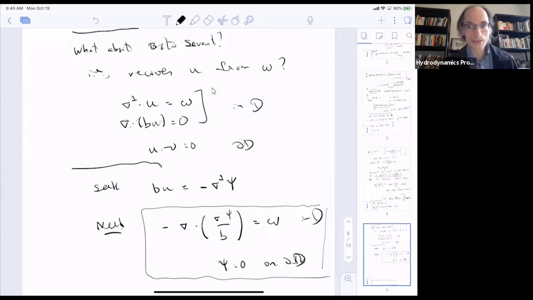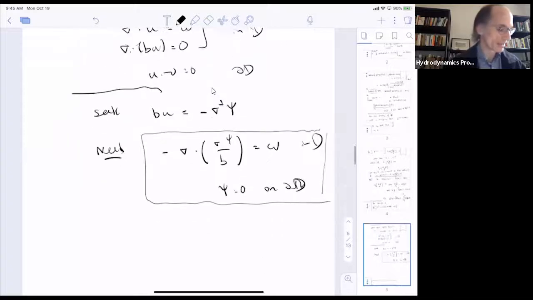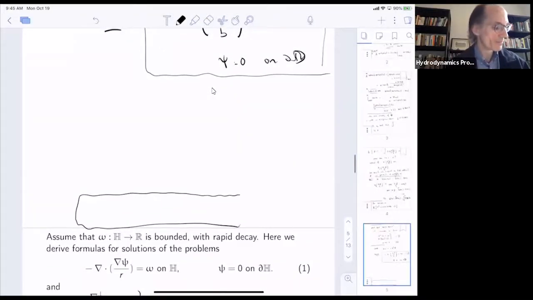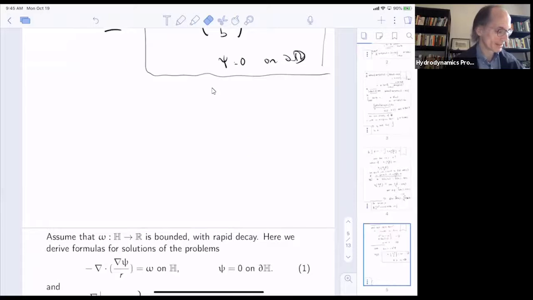But in the case of axisymmetry without swirl, we can really write down an explicit operator if we choose, and that's the content of the next lemma.